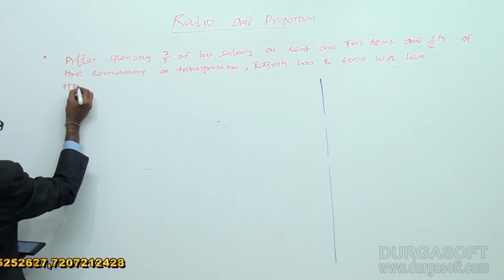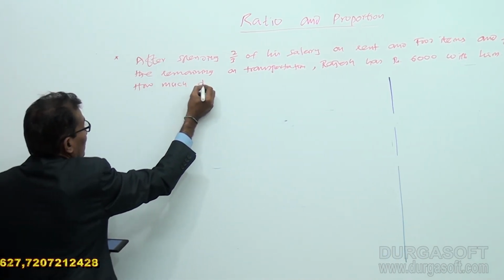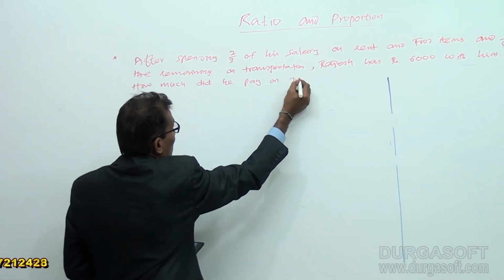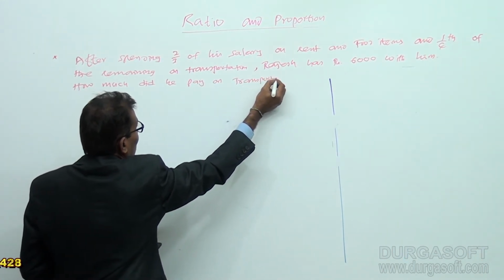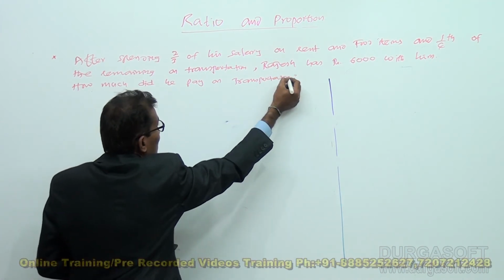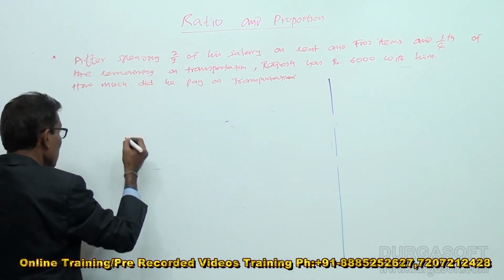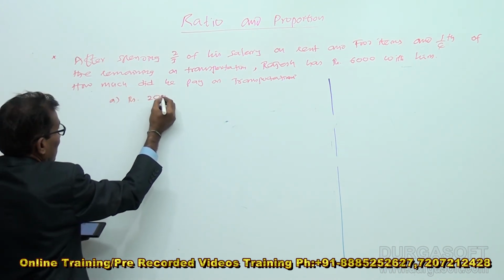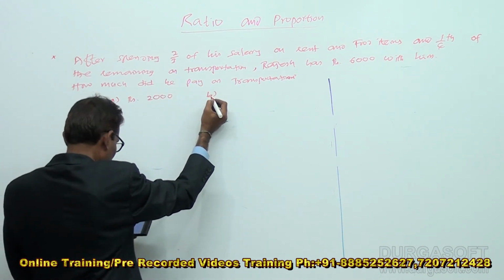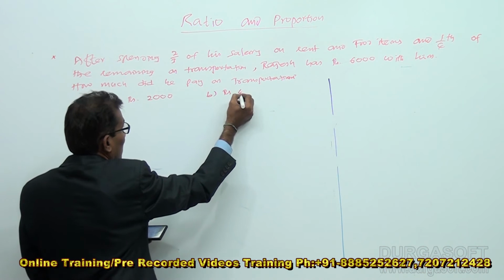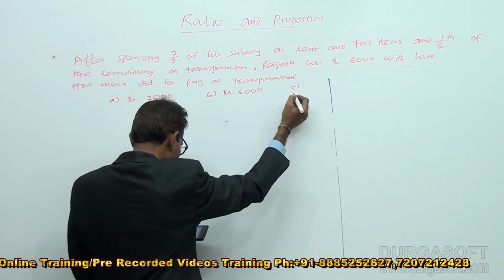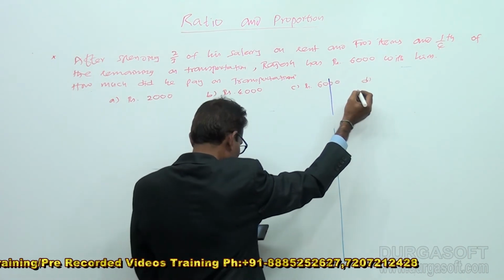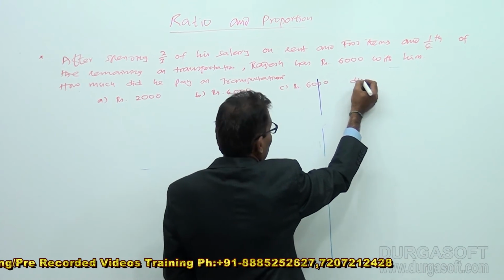That is the question, and your options are A, rupees 2,000, B, rupees 4,000, option C, rupees 6,000, option D, rupees 1,000.